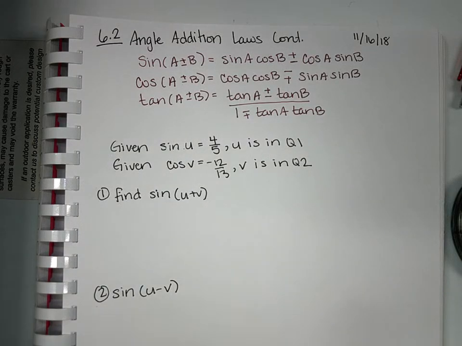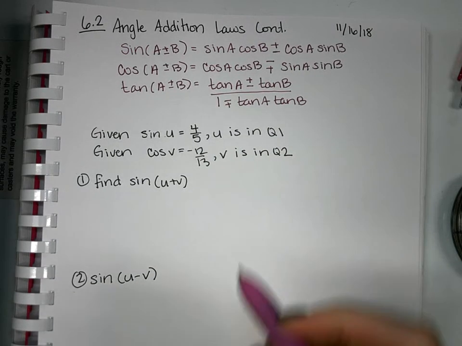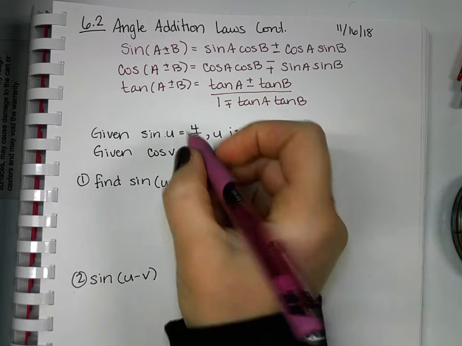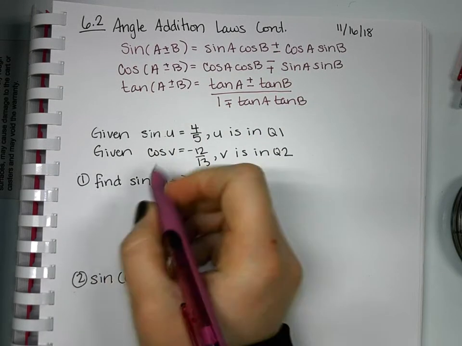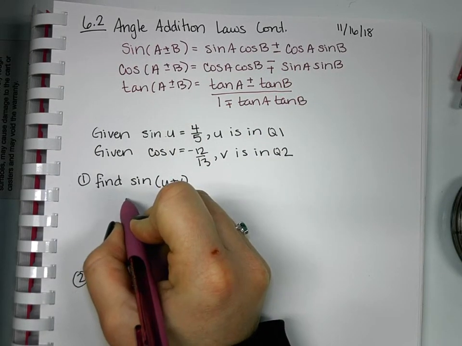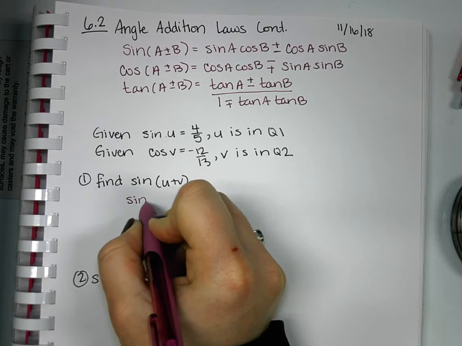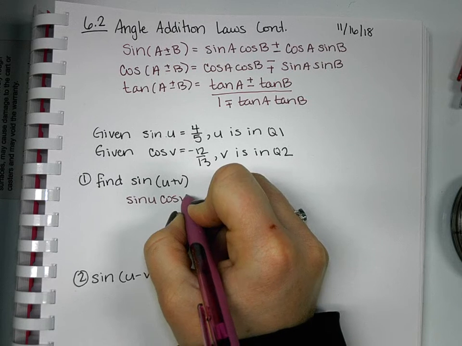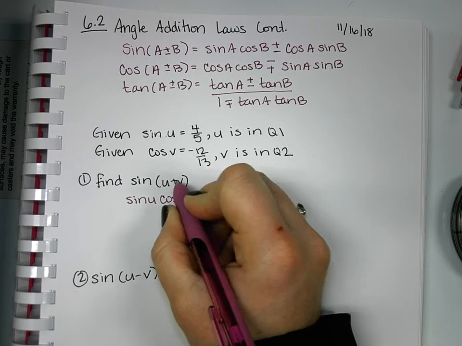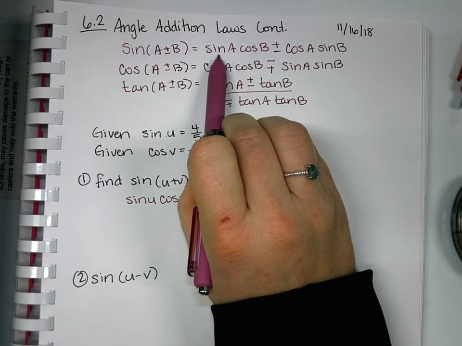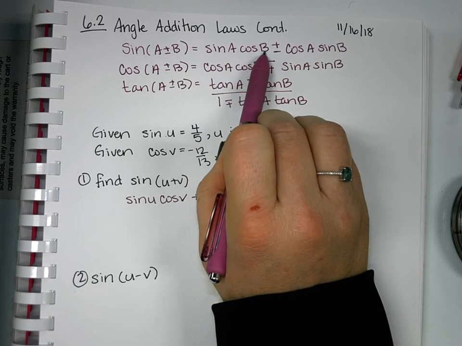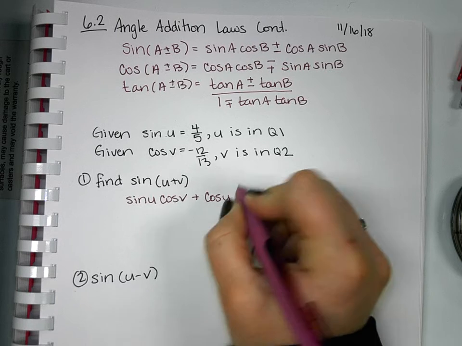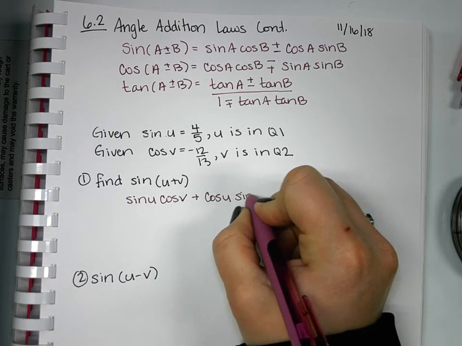So let's start with figuring out our pattern here. For sine of U plus V, that means we'll have sine of U cosine of V plus, so I'm just following the pattern, sine U cosine V plus cosine U sine V.